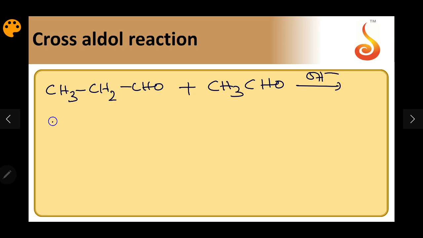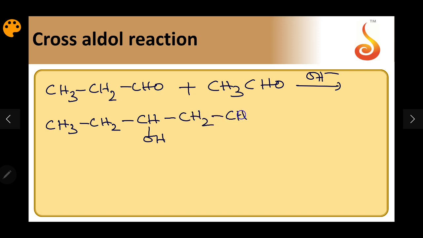So if I take the first one, CH3 CH2, the aldehyde I am writing as CHOH. Then the second molecule I am joining at the alpha carbon. This is one cross product. The other cross product can be like this, CH3 CHOH. So I am starting from acetaldehyde to propanaldehyde.